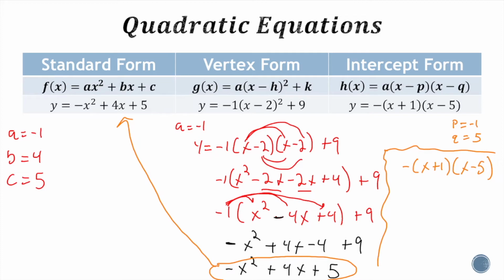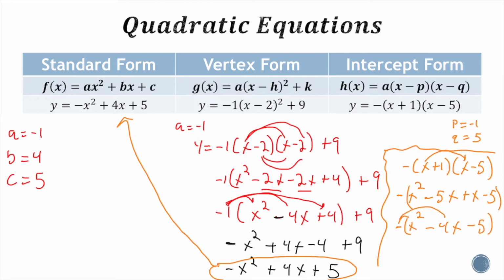Just going to use the FOIL method, or a double distribution. x times x, x squared. x times -5, -5x, plus x minus 5. Can't forget about this negative. x squared minus 4x minus 5.